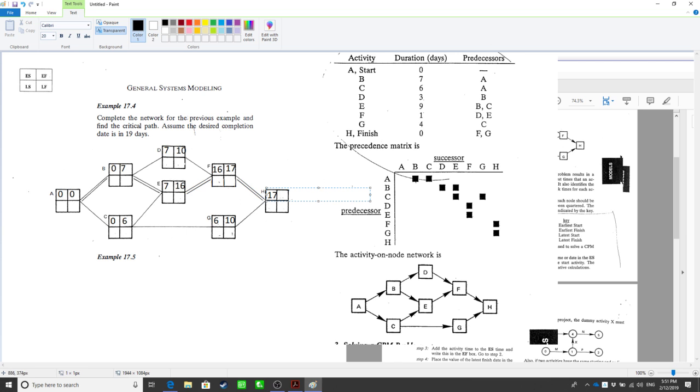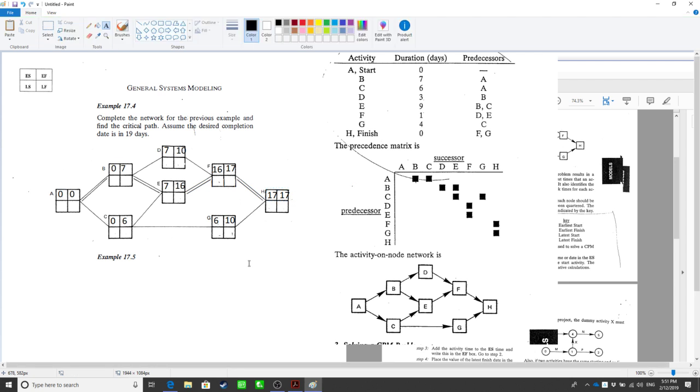And since this is actually also 17 because that's a dummy node, all the starting and the end points are dummy nodes, so the ES and EF are the same. Okay. All right, so that's for the ES and EF. We get it from the start. We fill in the ES and the EF, and then we go through several iterations.